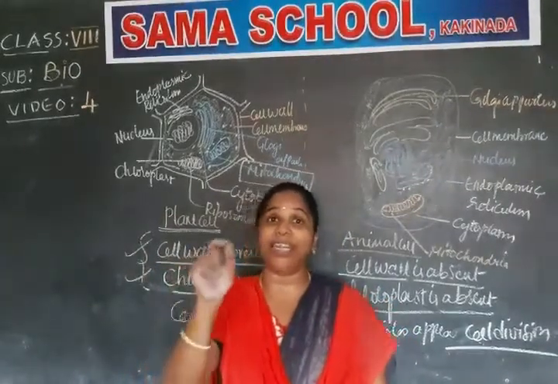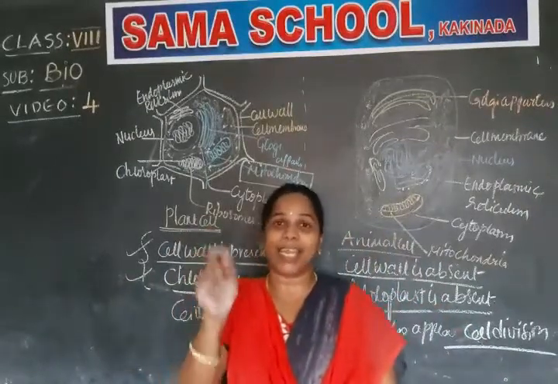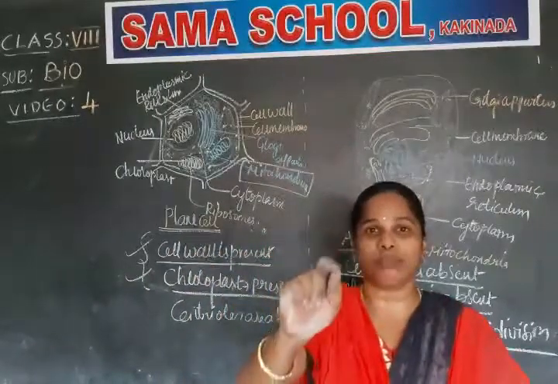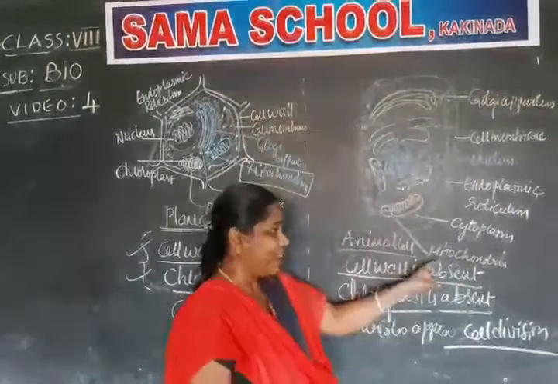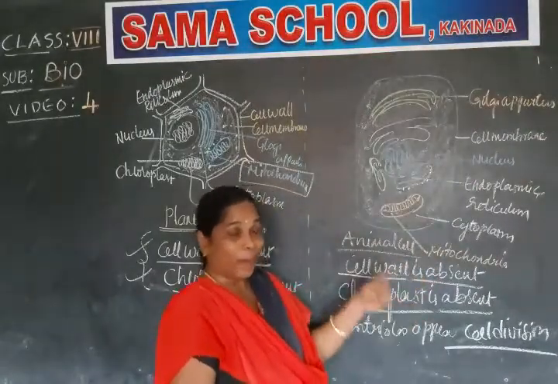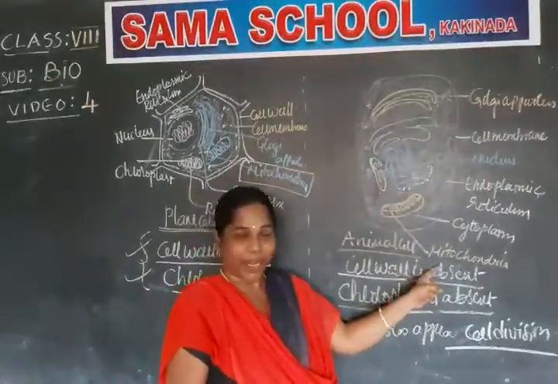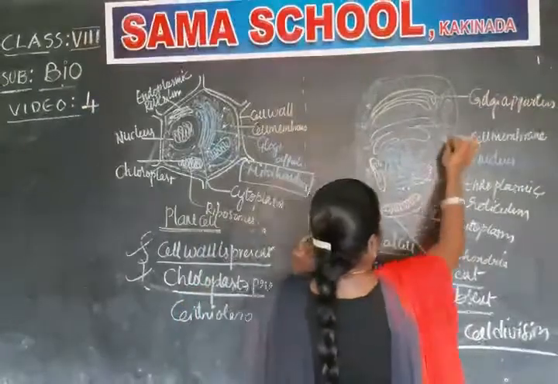Which organelle is called the control room of the cell? Nucleus. Which organelle is called the powerhouse of the cell? Mitochondria.